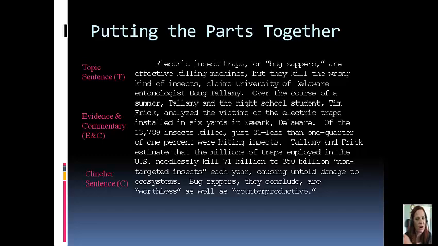Okay, so we have all these parts of our paragraph. We have a topic sentence, we have our evidence and commentary, we have our clinchers. T-E-C-C. Okay, this concludes part A of this lesson.